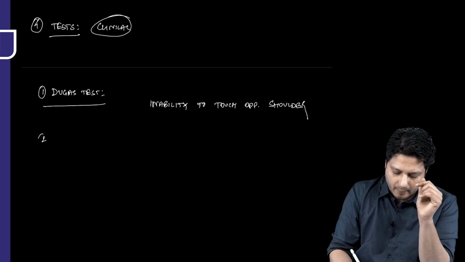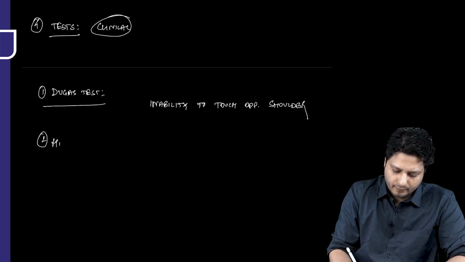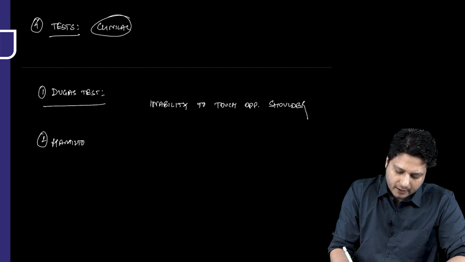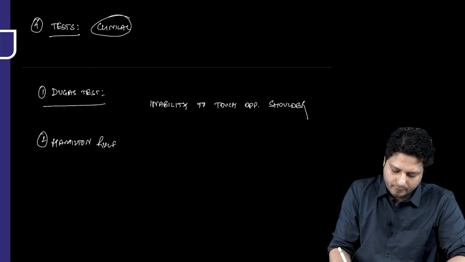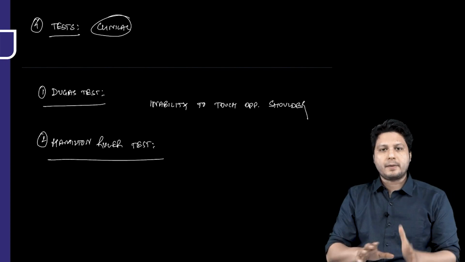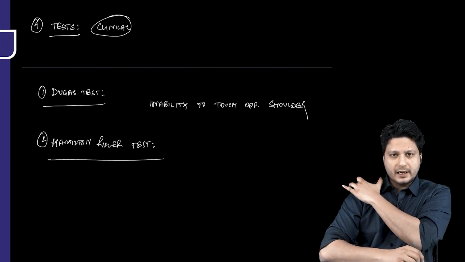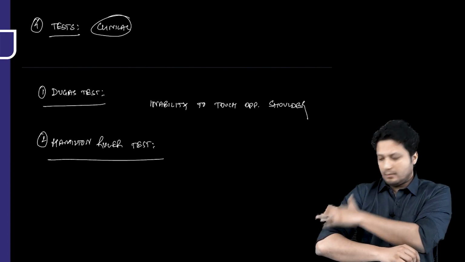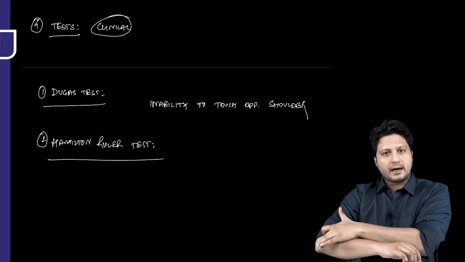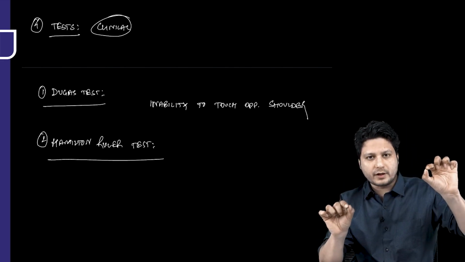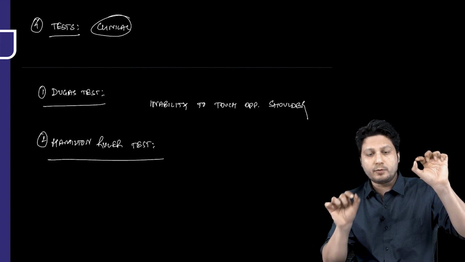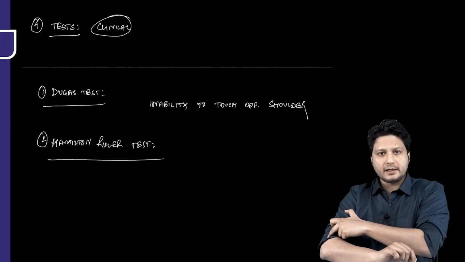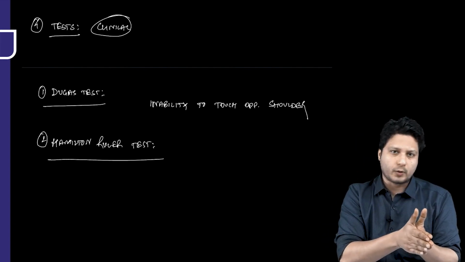Second one is Hamilton ruler test. Now, in this Hamilton ruler test, what is happening is that when you put a scale, a metallic scale, by the ends of the acromion and the lateral epicondyle, then the two ends of this solid metallic scale would be able to touch them simultaneously in case of an anteriorly dislocated shoulder.